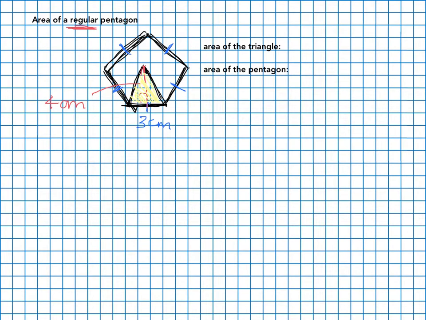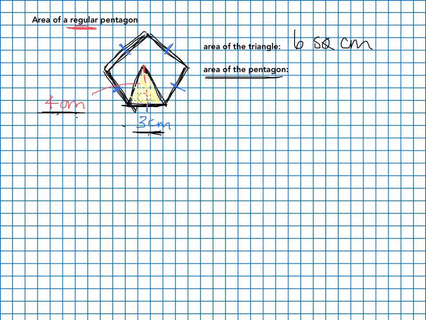Well, the formula for area of a triangle, as hopefully you remember, is 1/2 base times height. We know our base is 3. Our height is 4, and then we're going to multiply those two together and divide by 2. 3 times 4 is 12. 12 divided by 2 is going to be 6 square centimeters.